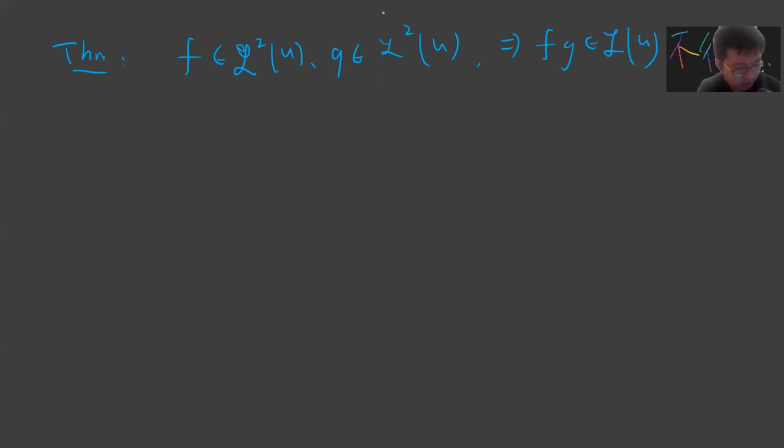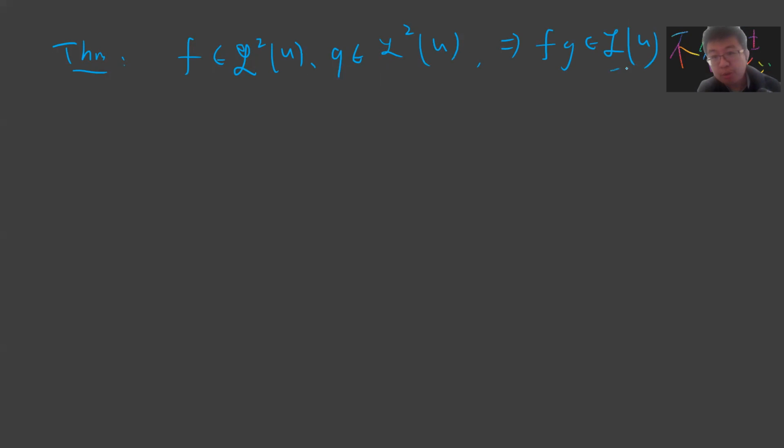Okay, so sure, if you define this kind of norm, then you always have what? Cauchy-Schwarz. So let's say you have two functions f and g. These are very important, otherwise I cannot talk about the norm. Let's say both are L2, and then you can prove that fg belongs to L1.